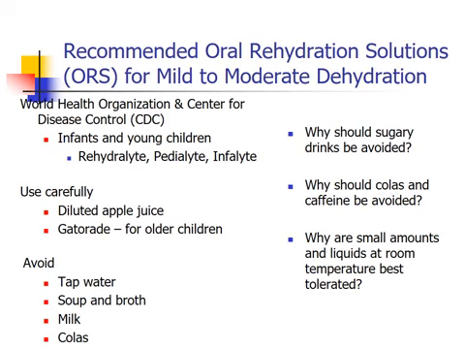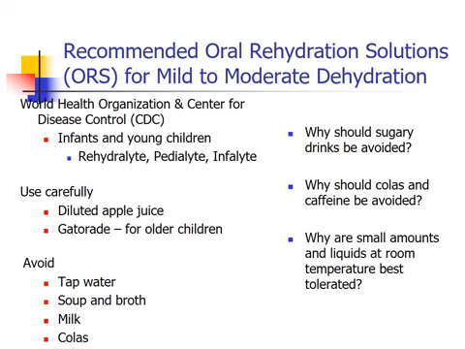Gatorade can be used for older children, like school-age children. You want to avoid tap water, again, because it doesn't have the minerals in it, and we don't want to give too much tap water because it can lead to an electrolyte imbalance.